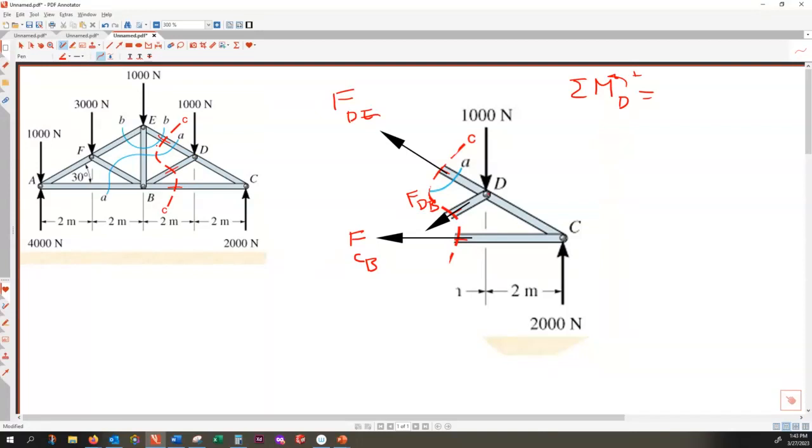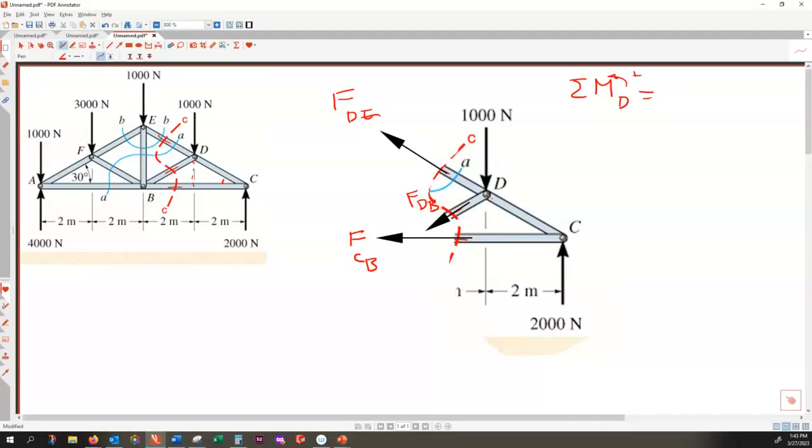And according to the 30-degree angle, that is a 30-degree angle, right? This is 30 and that is 60.